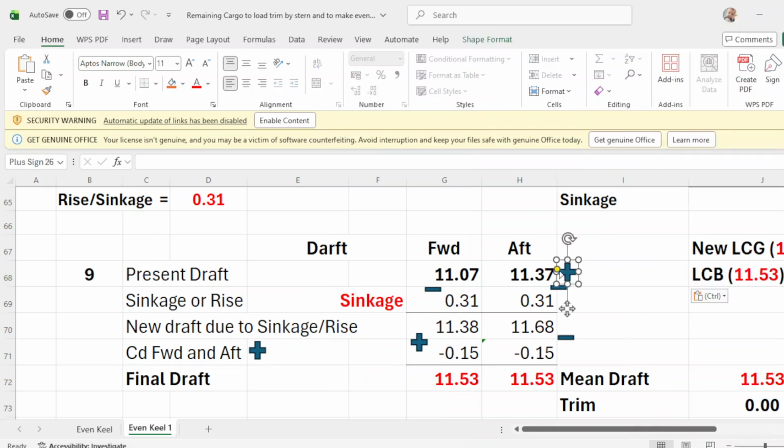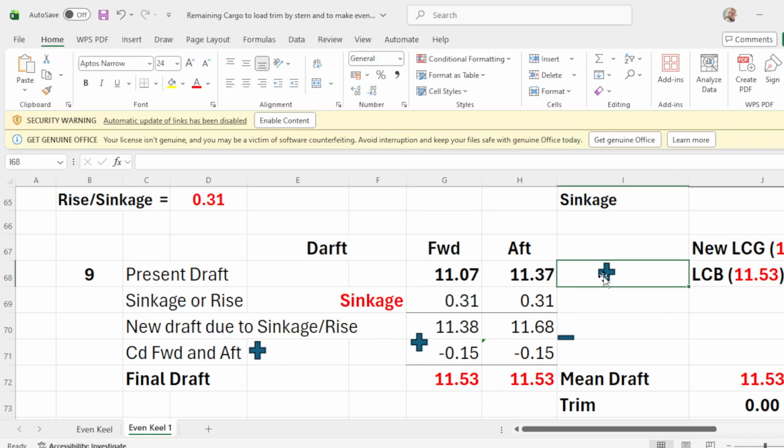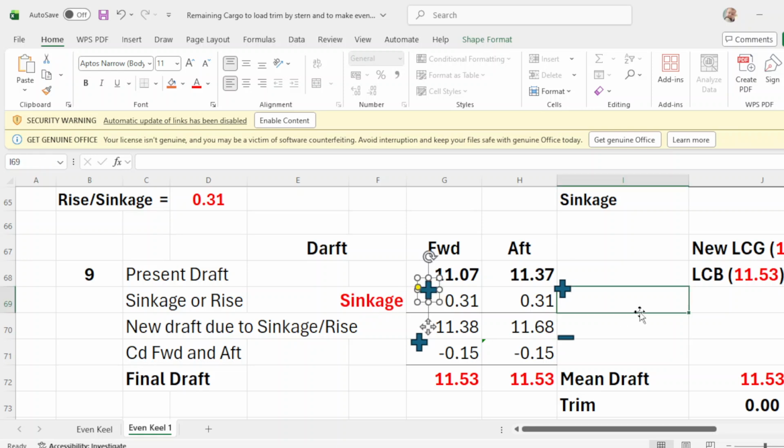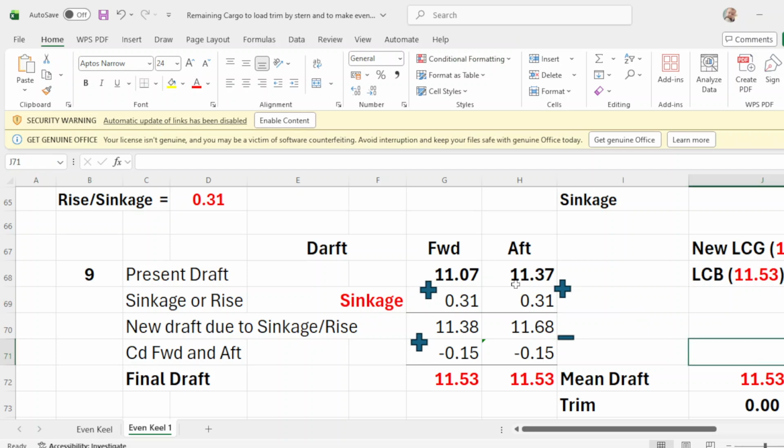Okay. Take out this one, delete and delete this one. You add this one, and this one you add because of your sinkage. So 11.37 plus 0.31, that will be 11.68. 11.07 plus 0.31, that will be 11.38. That is the new drop due to sinkage.